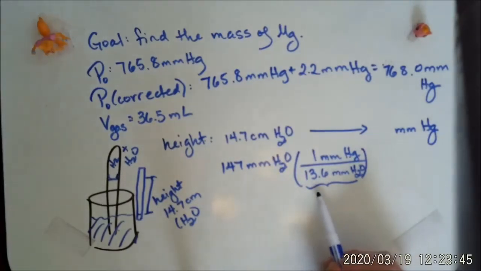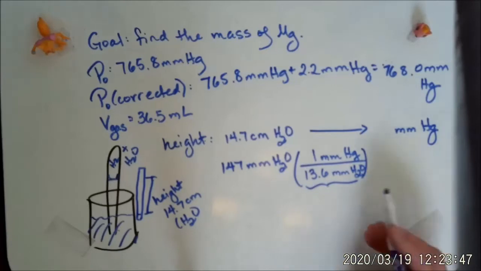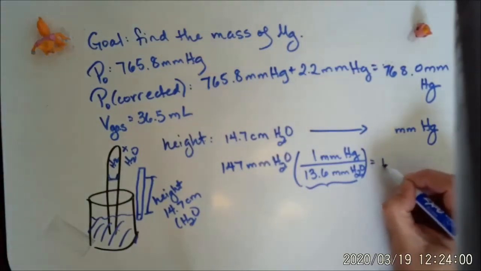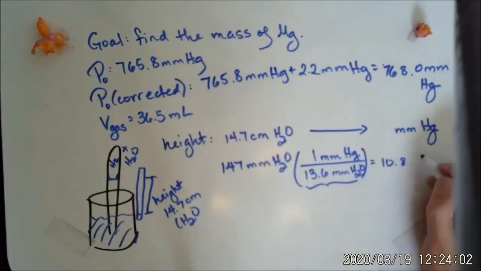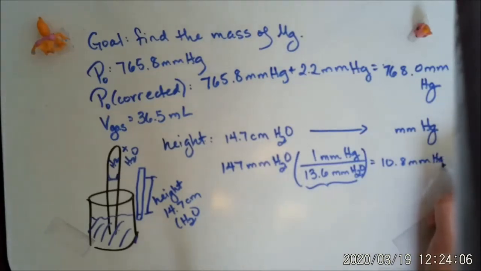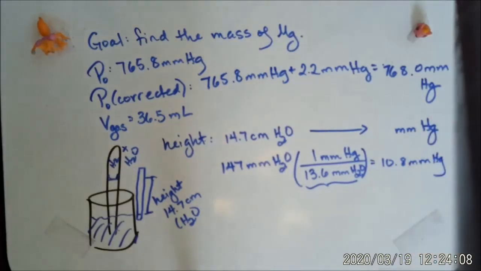So I needed this much water to have the same weight as mercury. So when we do that, we find this is equal to 10.8 millimeters mercury. Do we have everything in place yet?